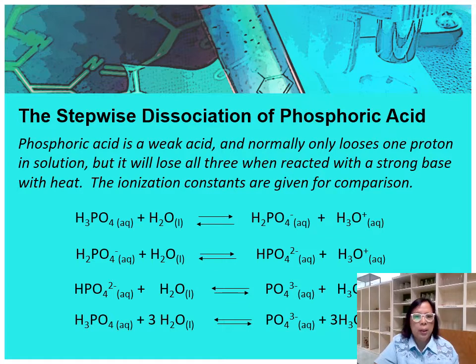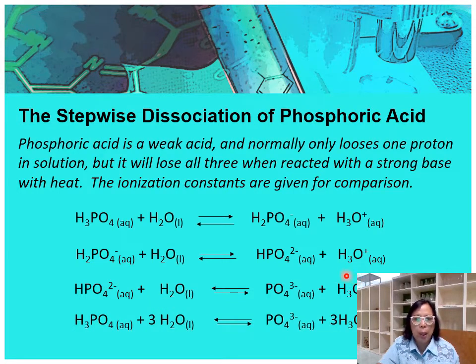Okay, we have an example here, the phosphoric acid or the dissociation of phosphoric acid. So phosphoric acid is a weak acid, but please do not play with phosphoric acid in the lab. It is still a strong acid and normally loses one proton in a solution, but it has a series of dissociation. So you have here H3PO4 with 3 hydrogen and then with 2 hydrogen and then 1 hydrogen, working with one molecule of water.